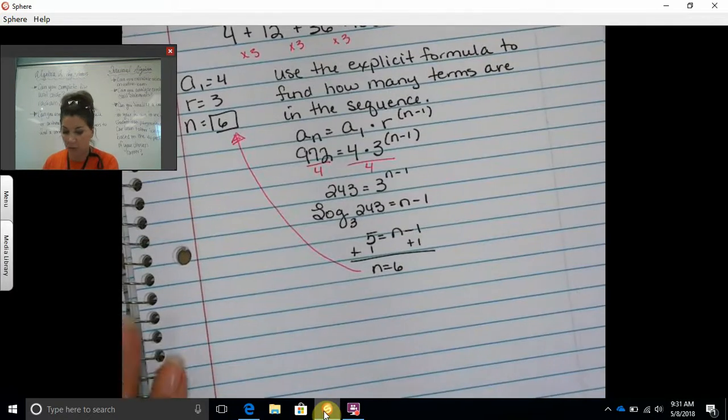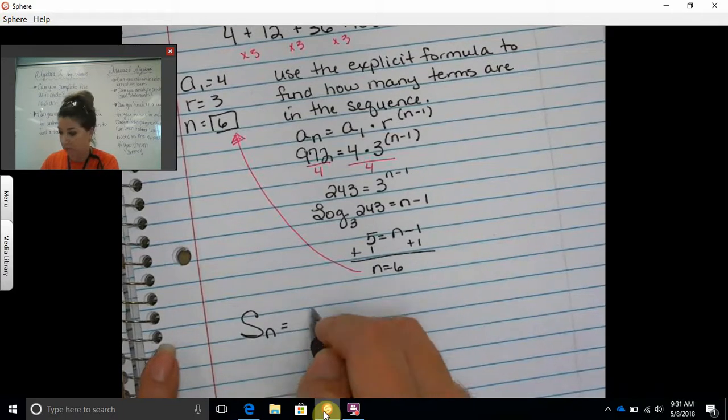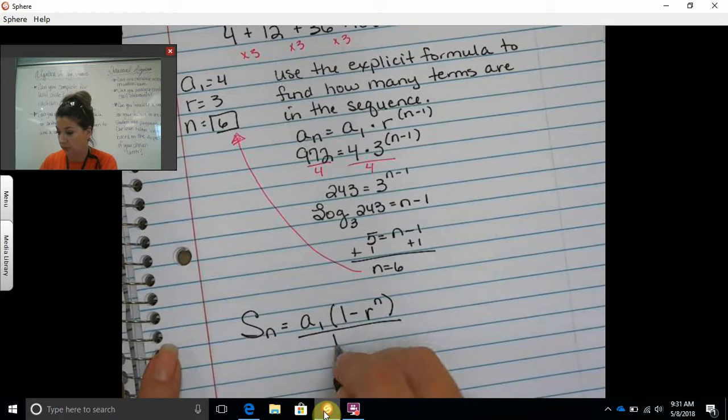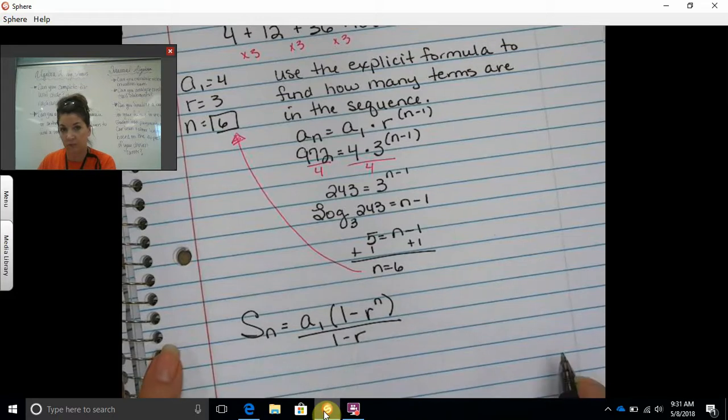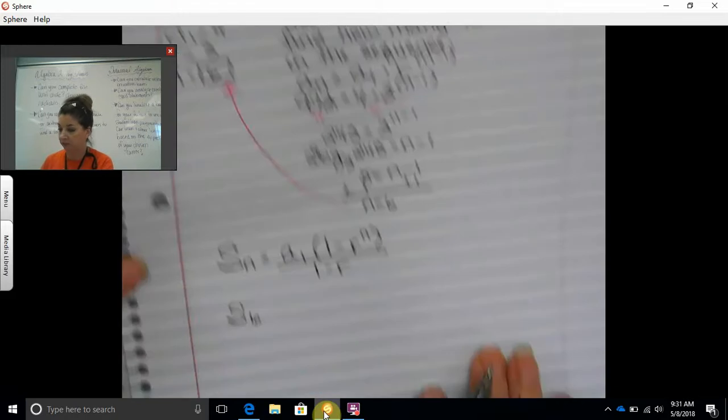All right, so take that formula, and n is 6. I'm looking for the sum of the first 6 terms.